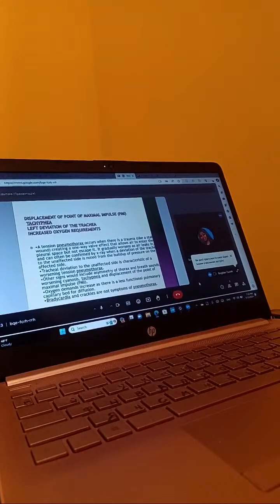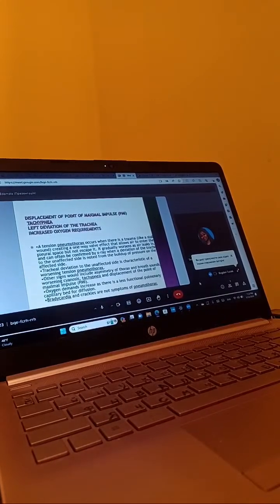Tracheal deviation to the unaffected side is characteristic of worsening tension pneumothorax.